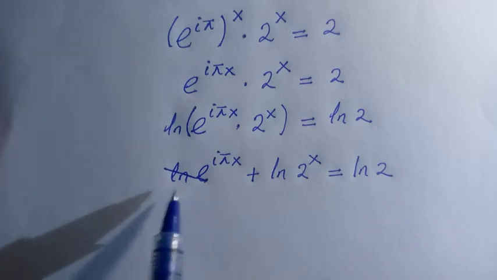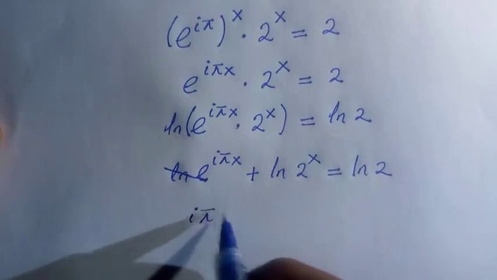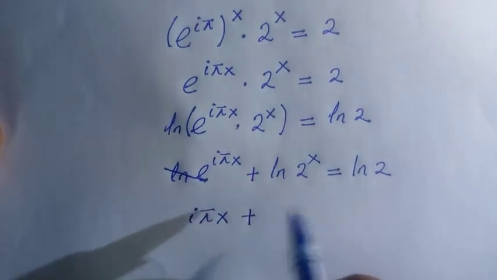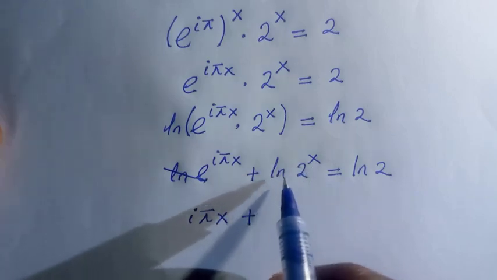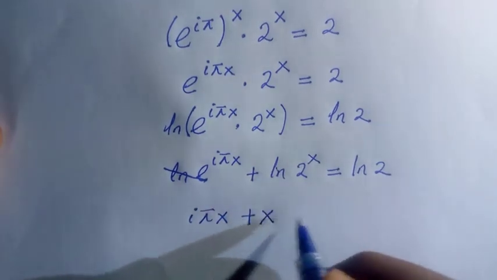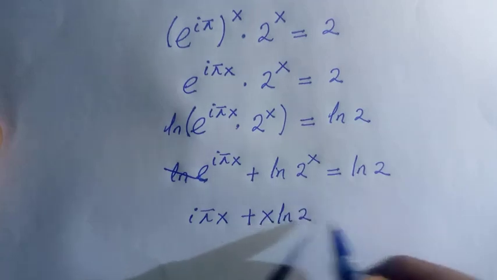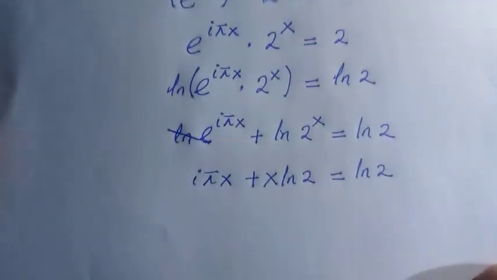They cancel each other whenever they meet. And here we have i pi x plus, and also with this one, by applying the rule of logarithm, we take x down. So we have x ln 2 equals ln 2.